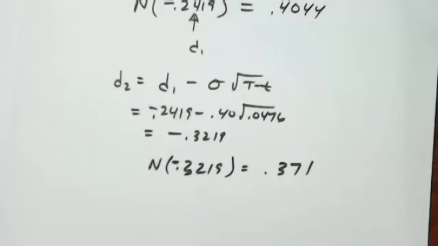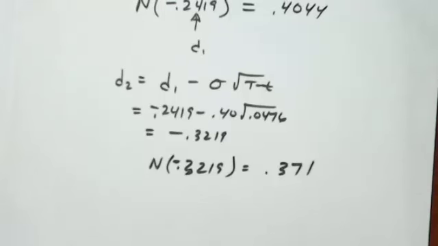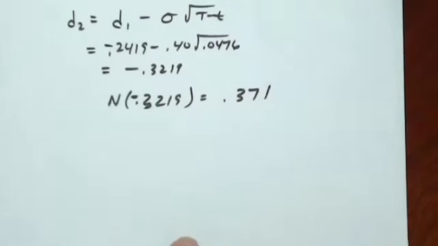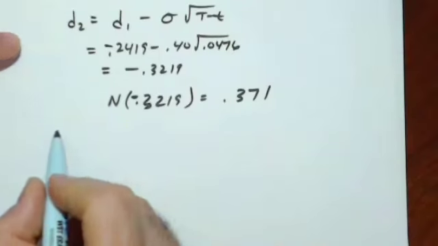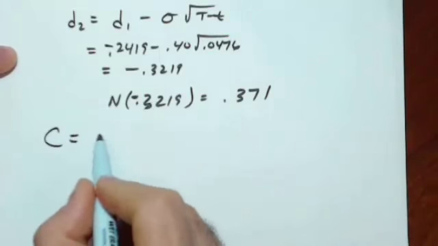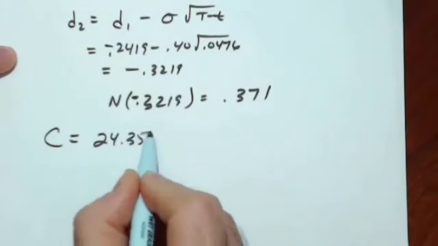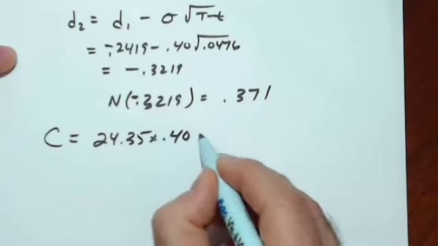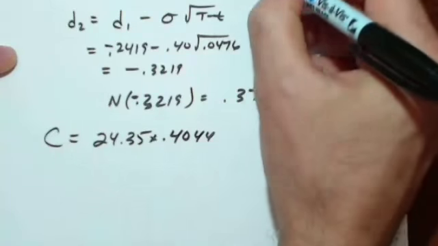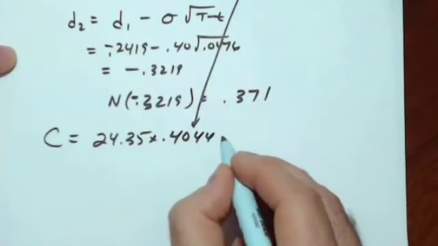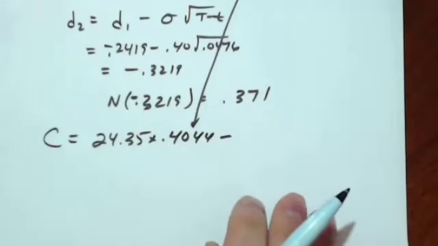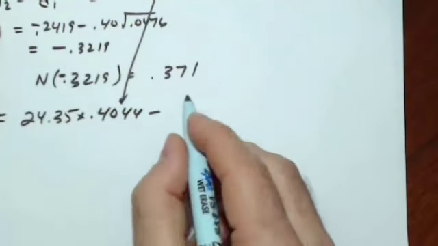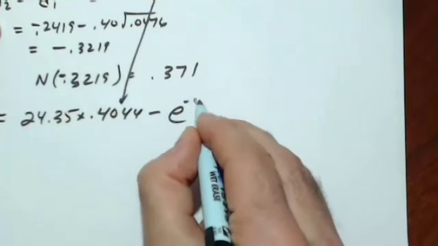0.371. Now we can assemble the whole thing. We got most of the calculations done. So the value of the call is equal to 24.35 times 0.4044 minus the present value of the strike.